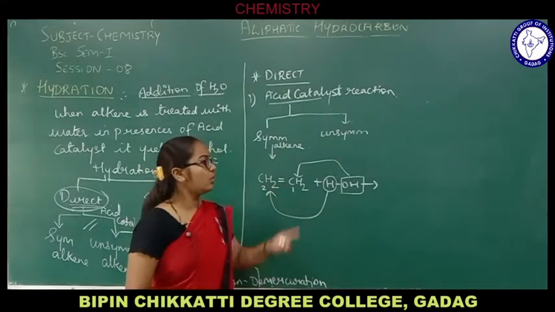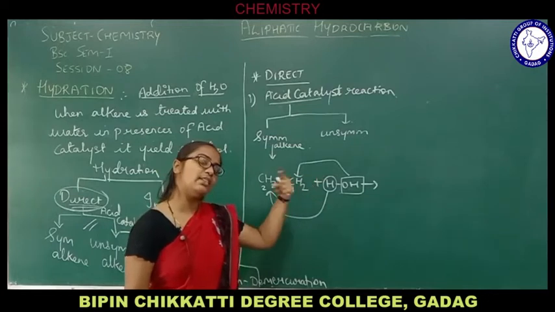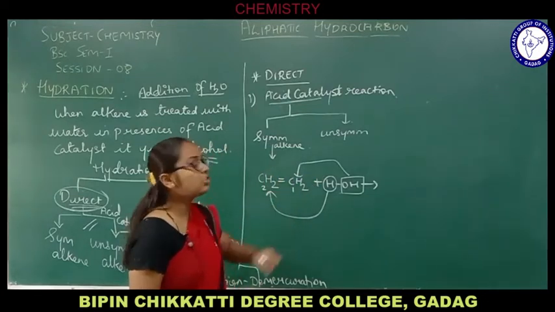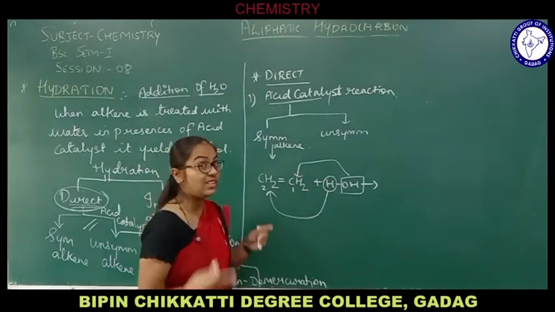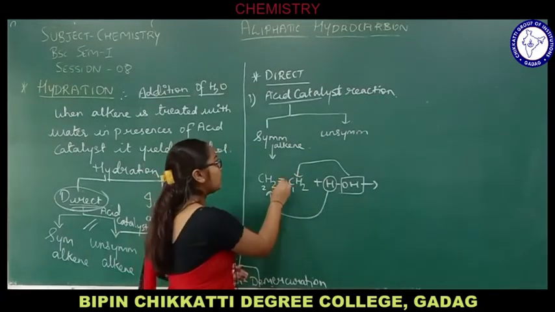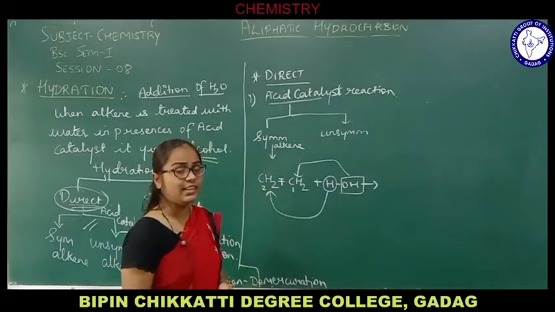So anyway round, hydrogen will get attached to whichever carbon atom and hydroxyl will get attached to whichever carbon atom. The most important thing is that when hydrogen and hydroxyl get attached to the respective carbon atoms, the pi bond will break down, right?